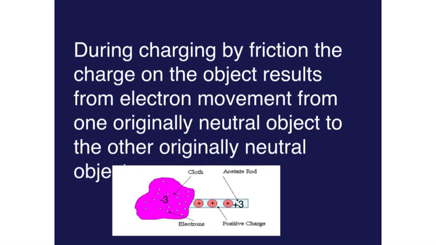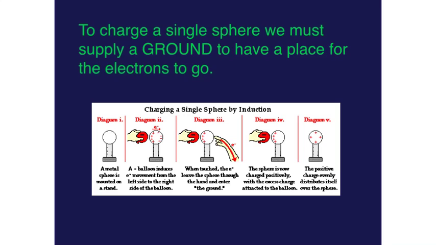When the cloth rubs the acetate rod, the electrons move into the cloth from the rod, so they don't have as many electrons here, so the acetate rod has a positive 3 charge, and the cloth has a negative 3 charge because it's gotten the electrons. We're not really talking about the movement of 3 electrons here, but this is just a unit of charge, and millions of electrons are moving to give this unit of charge. It's like a coulomb, which is a very, very large number of electrons.